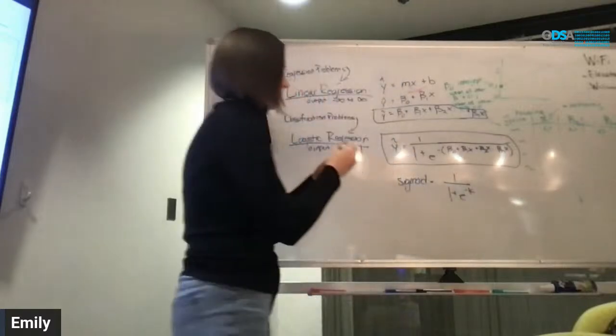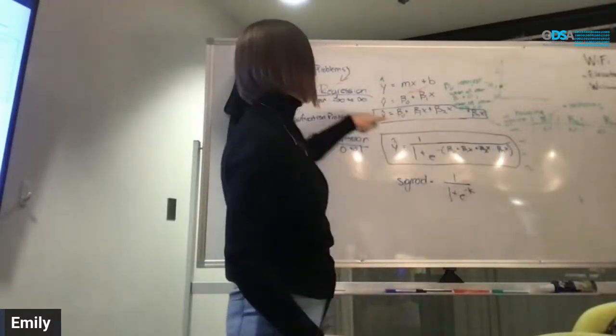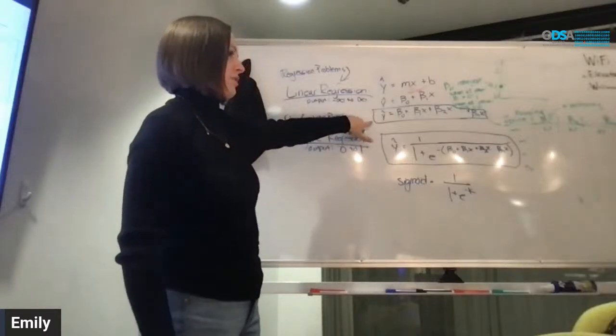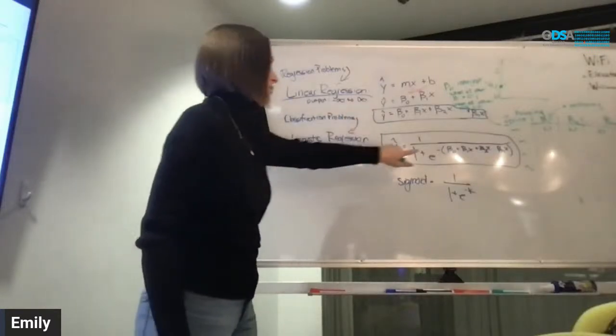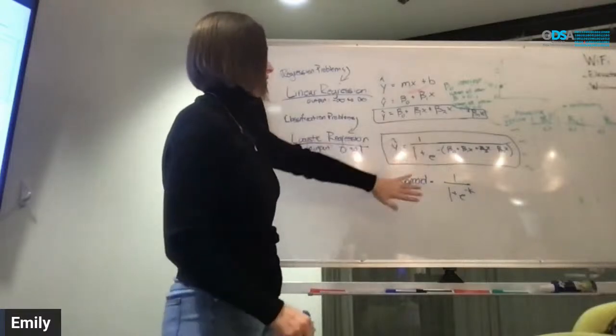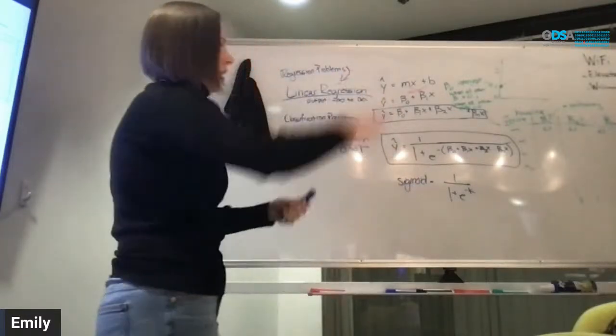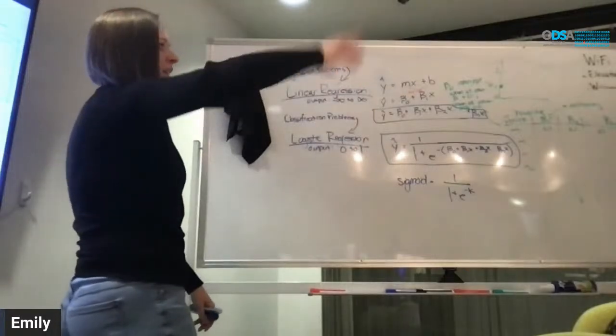Maybe negative k, something to that effect. But anyways, what we put in for k is this linear regression function. So that was very interesting to me when I found that out. So it just scales the linear regression function on that sigmoid, that S curve.